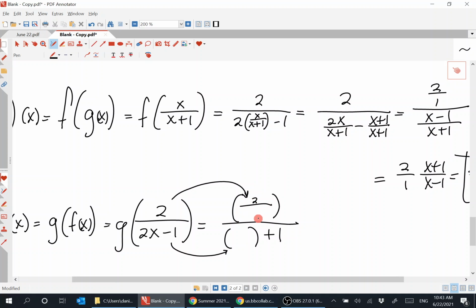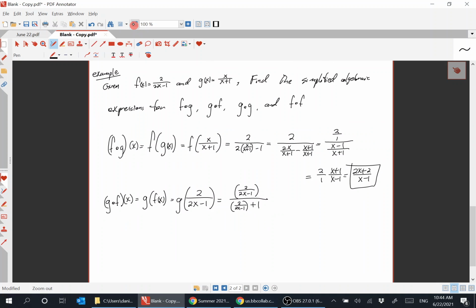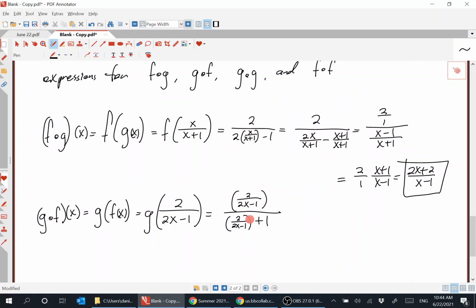So that's 2 over 2x minus 1. So that is the composition g of f of x, or g following f of x. Okay, now we want to simplify this expression.